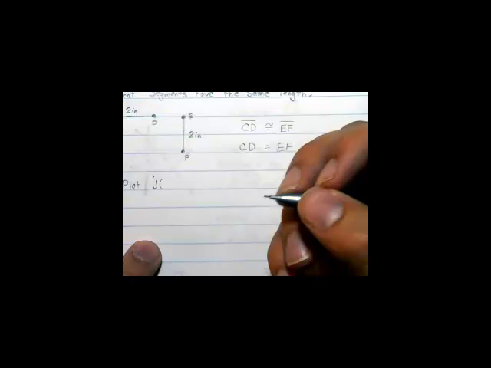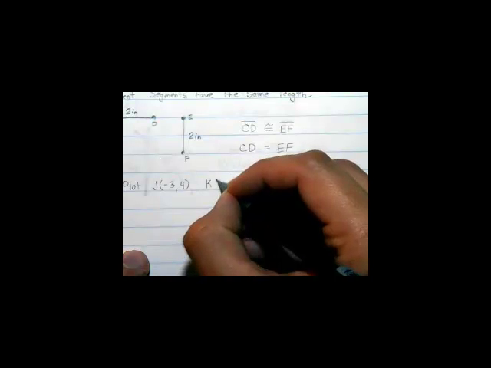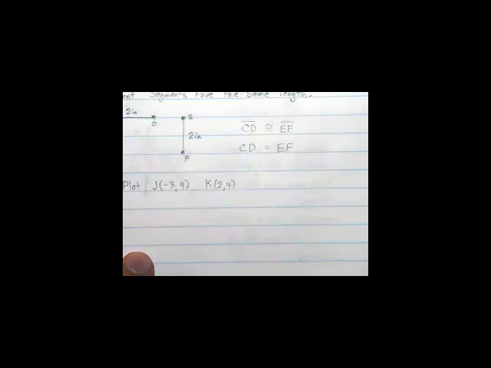Point J is at -3, 4. K is at 2, 4. L is at 1, 3. And M is at 1, -2. So the first thing we're going to do is plot those 4 points.